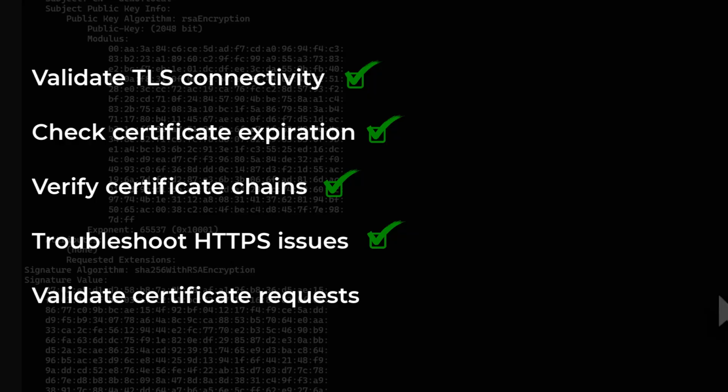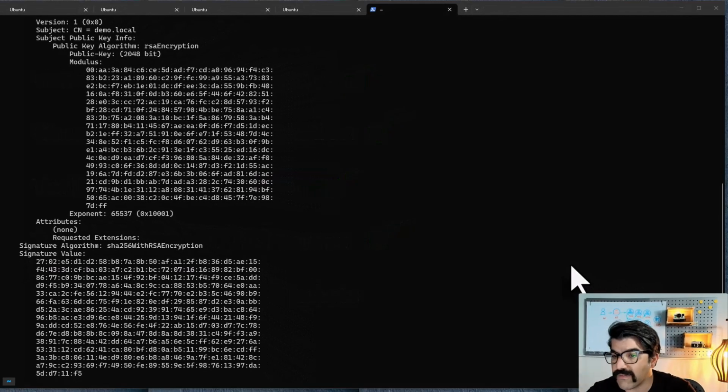For many Linux and DevOps engineers or even SREs, OpenSSL is one of the most valuable troubleshooting tools in the entire universe. If you work with Linux servers, TLS, NGINX, Kubernetes Ingress, or load balancers, these OpenSSL commands will save you a lot of time.